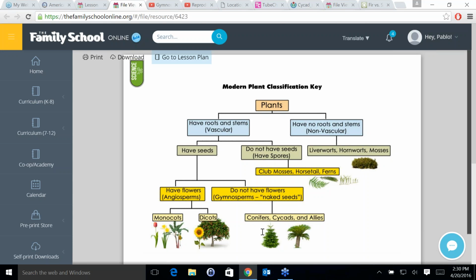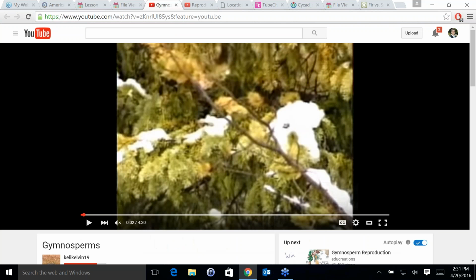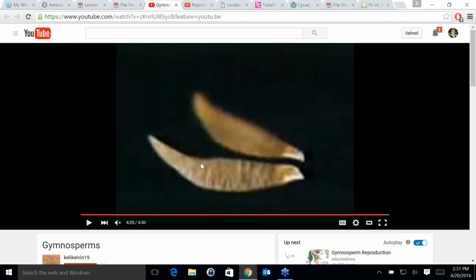The conifers, on the contrary, don't need water. They are able to do the fertilization process by dispersing the pollen through the air, and the seed is actually pretty dry. Okay, so like we were seeing in the video, the seed is pretty dry, so it doesn't have a fruit like the angiosperms that have fleshy fruits.